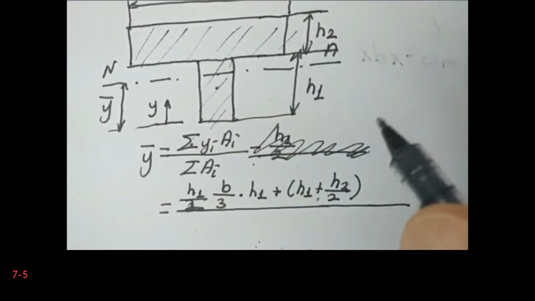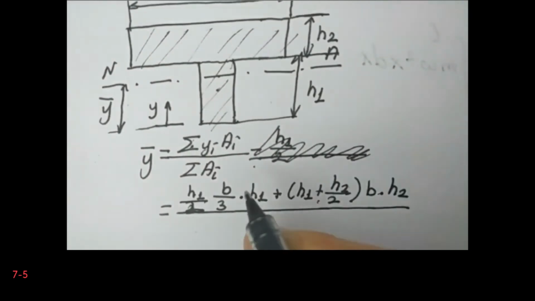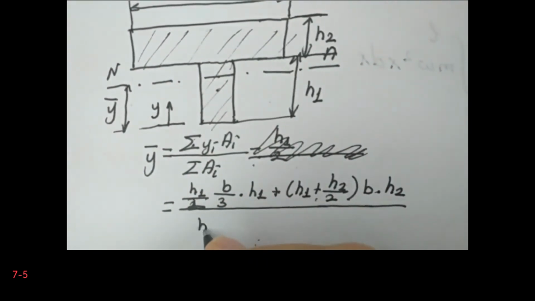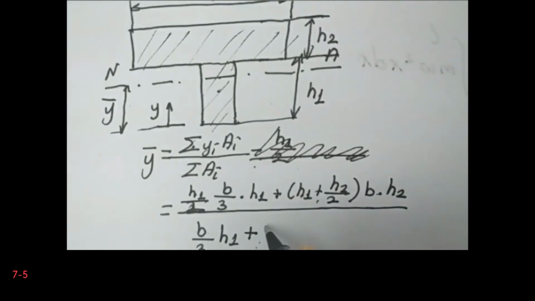Area is b multiplied by h2. And now the total area is b divided by 3 multiplied by h1 plus b multiplied by h2.